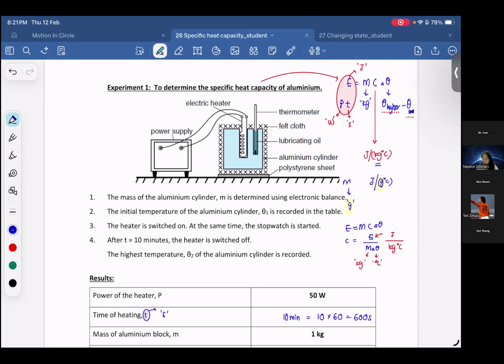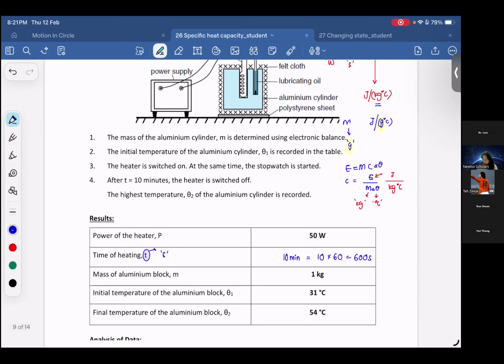Tell me your answer. Hui Tong, tell me. Danielle, Angeline, Serene, Bora. What is your C? Value of C from this experiment? Hui Tong, yes. Remember 2 to 3 significant figures.